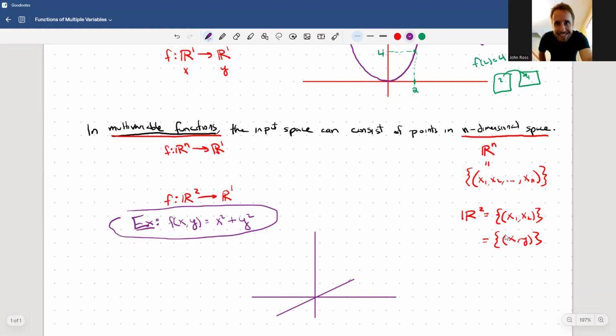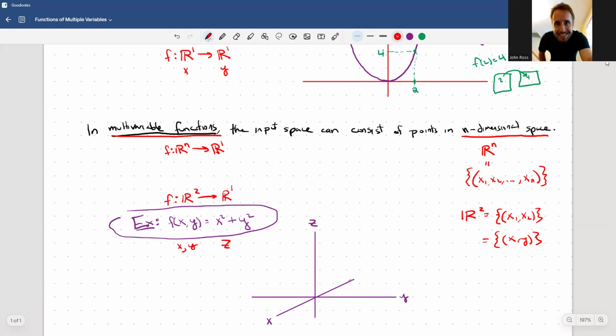Here, my 3-dimensional space is usually identified not as the xy plane, but as x, y, z 3-dimensional space. And so in this case, I am going to have as my input 2 values, a single point in the plane, aka 2 real numbers, an x and a y, and my output is going to be the single number x squared plus y squared, which in my graph will take on the role of z.